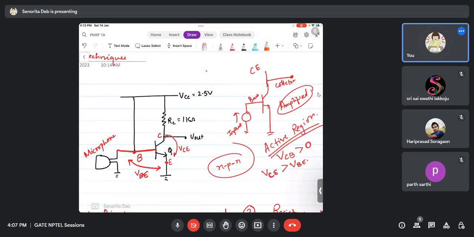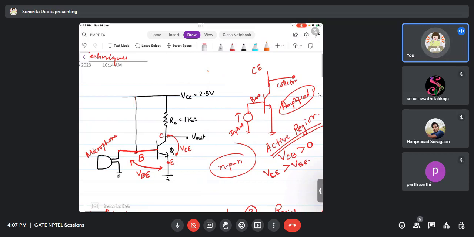Now you see that I have directly connected this point to the VCC line. That means I'm directly giving base voltage from here. Now what will happen? The small signal coming from the microphone will get absorbed in the VCC, which is a stable power supply, 2.5 volts.